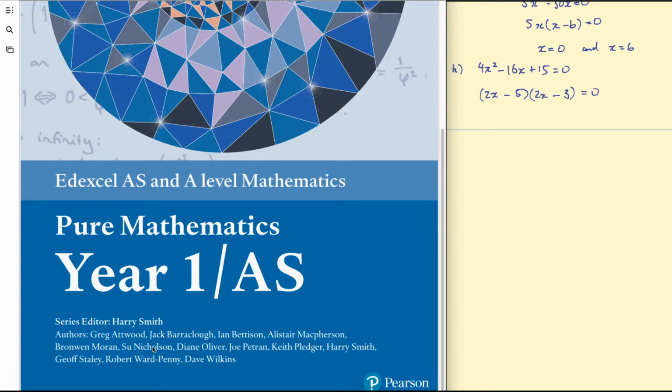These are the authors here. I believe they've written the previous Pearson textbooks for A-levels. I think some of these were authors of the core books when there was the modular curriculum. So they've gone ahead and written a new textbook for the new linear curriculum.